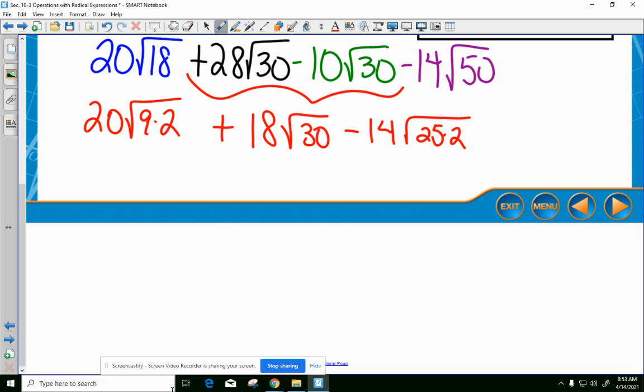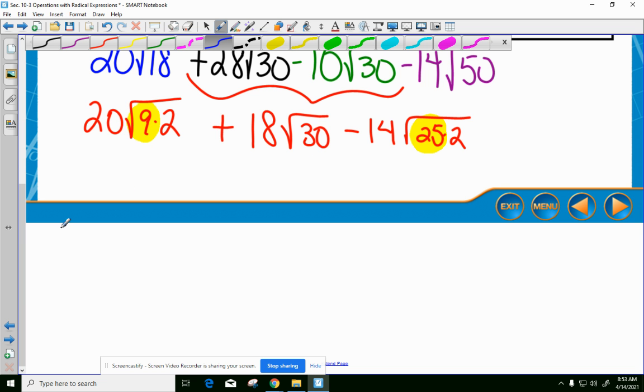Looking at the first and last term, are you going to be able to put them together? Yeah, because they're both going to have what in them? Radical 2. You don't have to do this right here, but I think it's important that you're able to identify what it is that's about to come out.